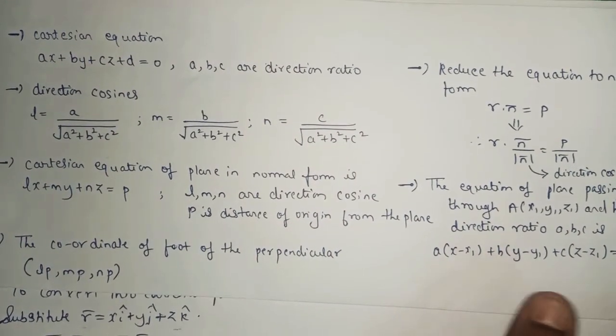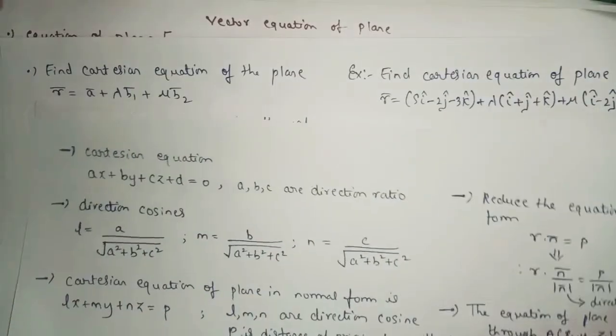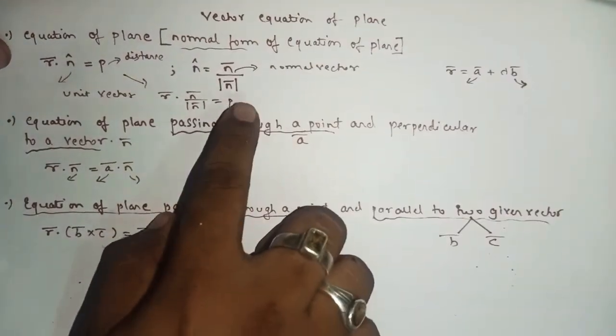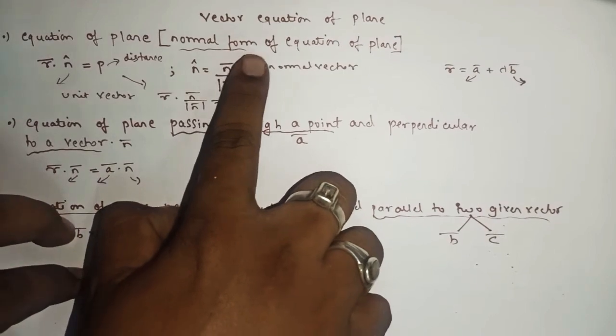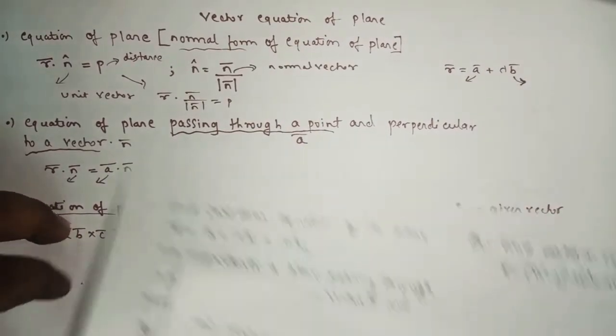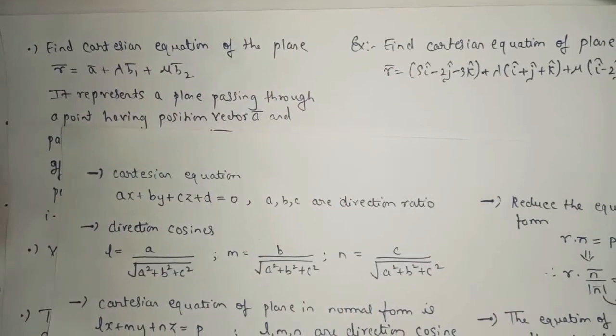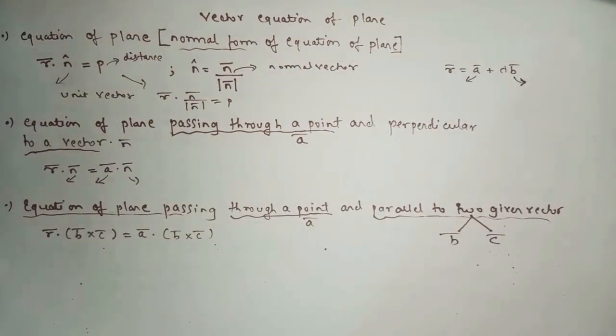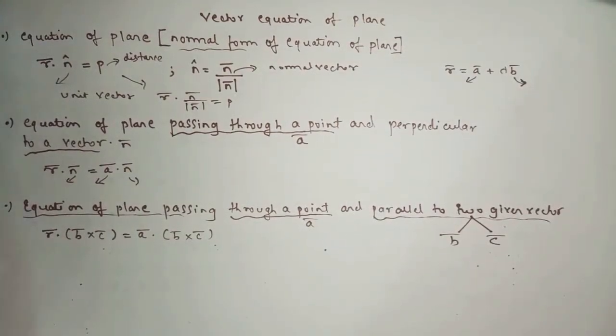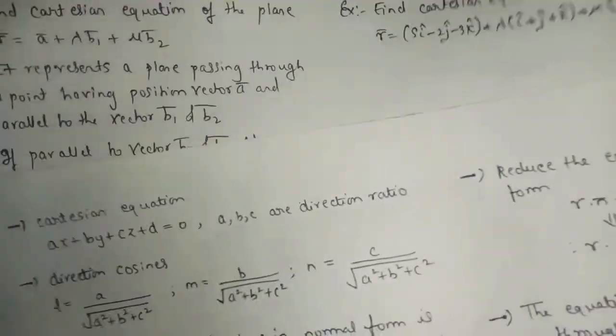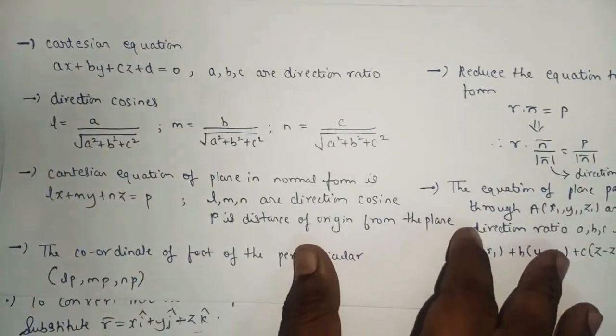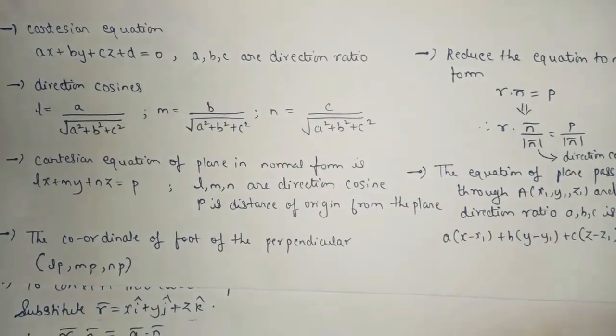So here also we have the vector equation of the plane as well as the Cartesian equation of the plane. In the last lecture we completed the sums based on the vector equation of the plane. Today we're going to see the Cartesian equation of the plane.